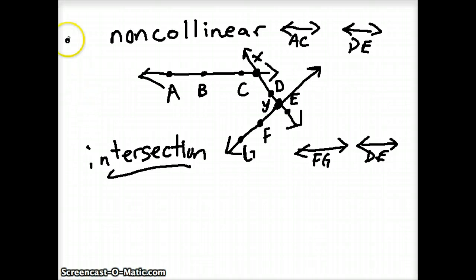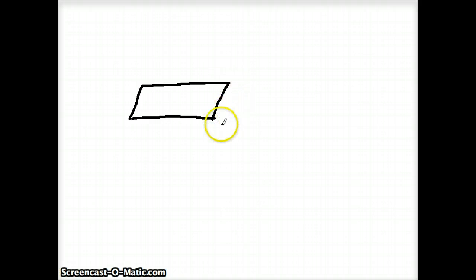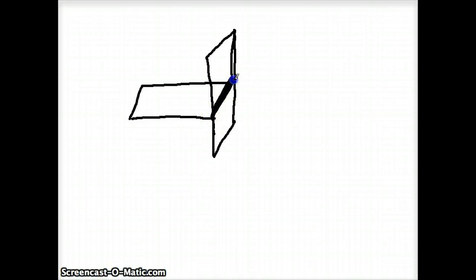Let's clear this off and talk about an intersection of something else. Here's an intersection of two planes. Let's draw a plane, and let's say this plane runs vertical. Now we have an intersection, a place where two planes are meeting. That's more than a point. There's definitely more than a point there. And more than one point is usually a line. And it is in fact that two planes intersect at a line.